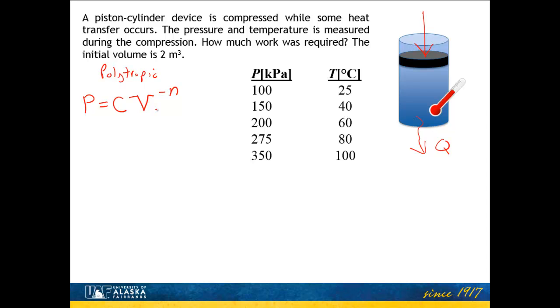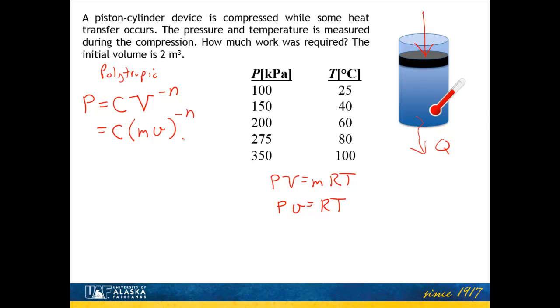Well, we can use our pressure and our temperature in order to determine what our volume is, because we know that PV is equal to mRT. We can also do this in terms of specific volume, and we know that Pv is equal to RT. So how does this little v and this big V get related? Well, we can substitute in for big V with little v times the mass, and this will become a constant times the mass times little v, all to the minus n.